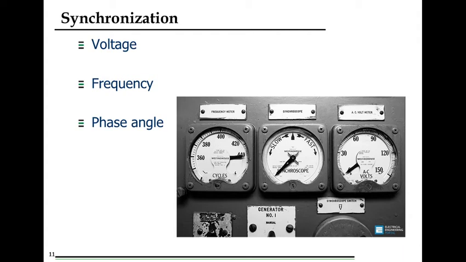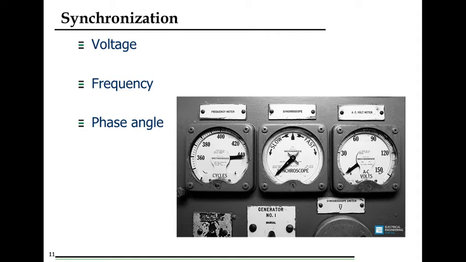Now, voltage is a parameter that decides the flow of reactive power. So, active power will flow from generator to grid, and if reactive power flows from grid to generator or from generator to grid, the generator still remains a generator. But while synchronizing, we try to keep all the control of our generator in our hand.